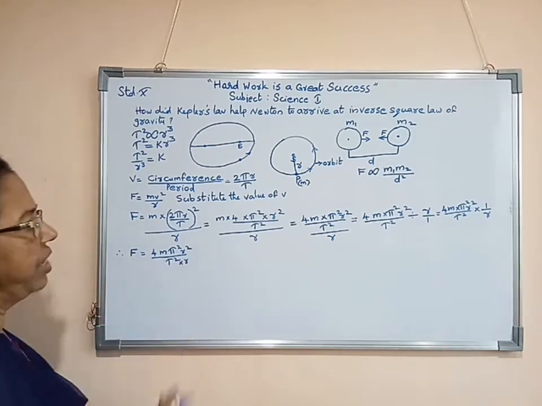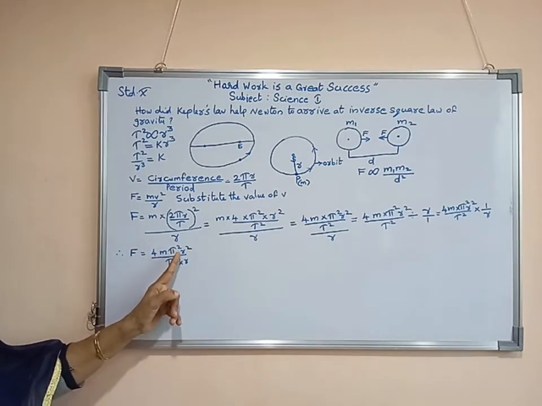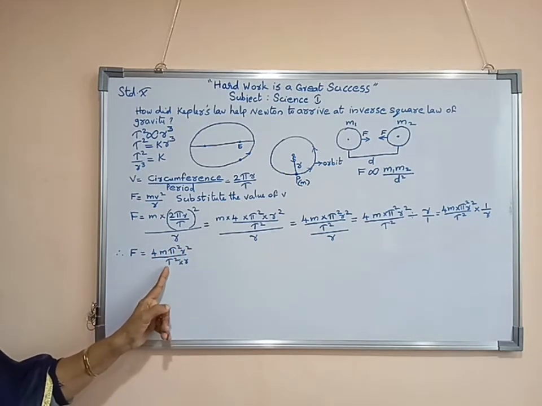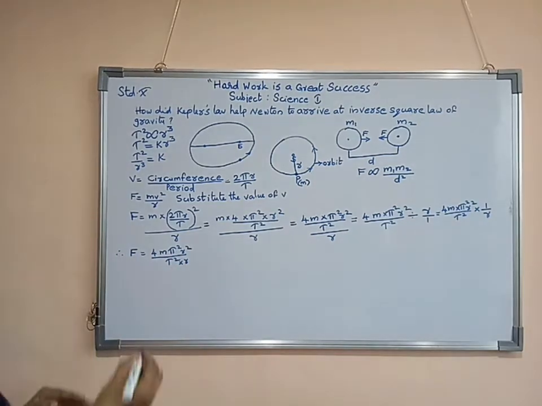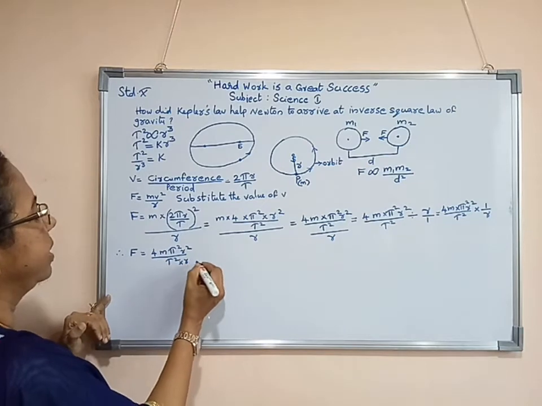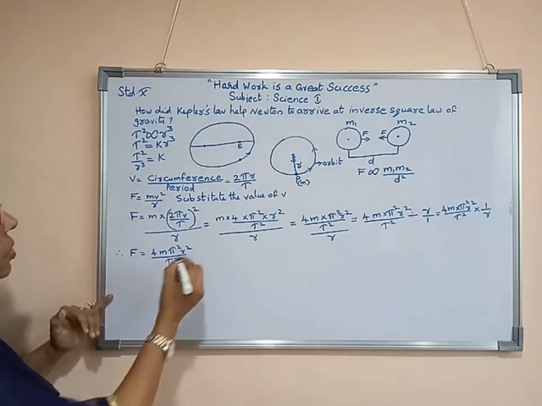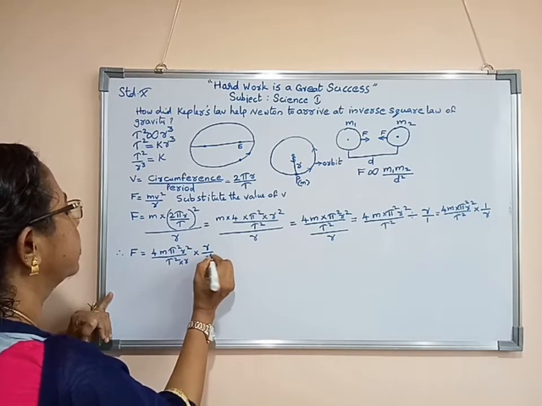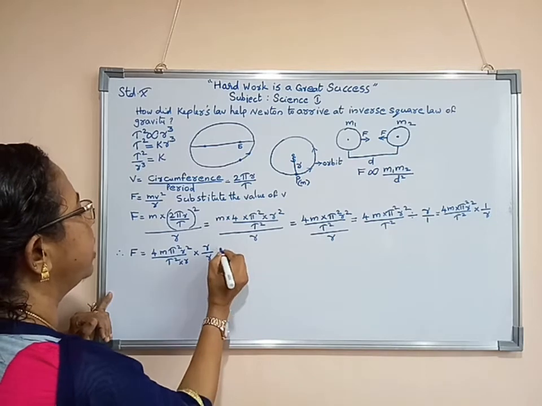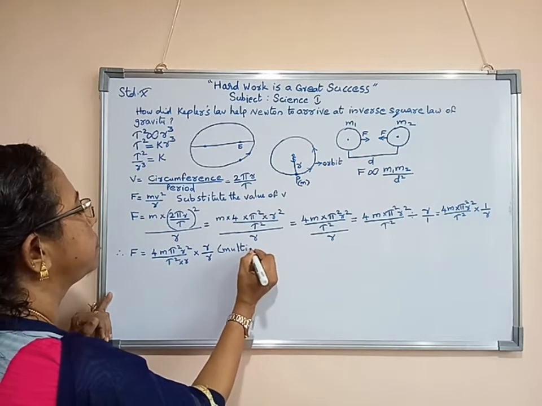Now what are we going to do? See here, 4m pi square r square upon t square into r. Now we are multiplying both sides, up and down, with r. Why?